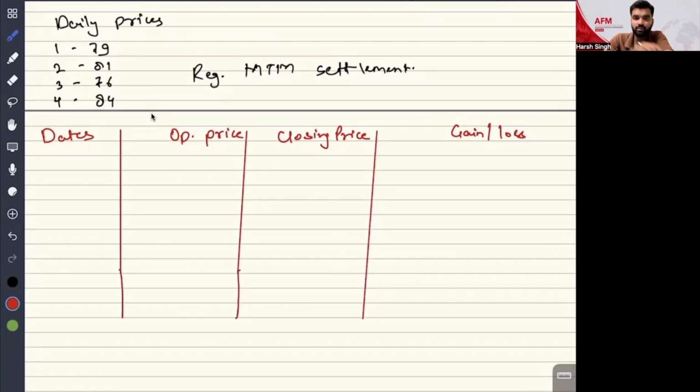Now, dates will be 1, 2, 3, 4 only. On date 1, the opening price is 80.